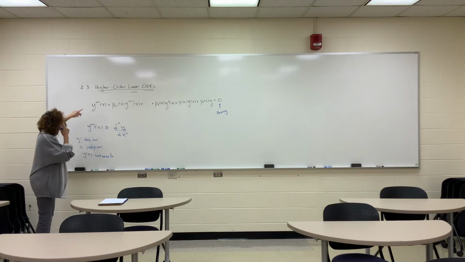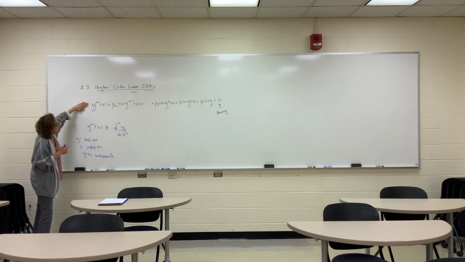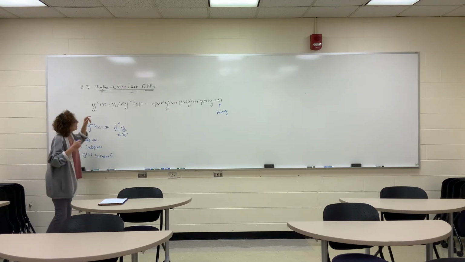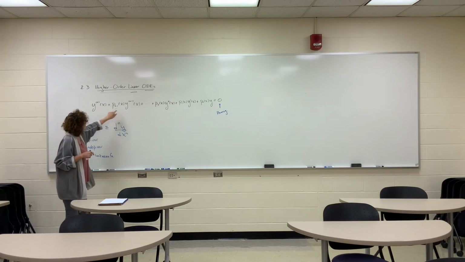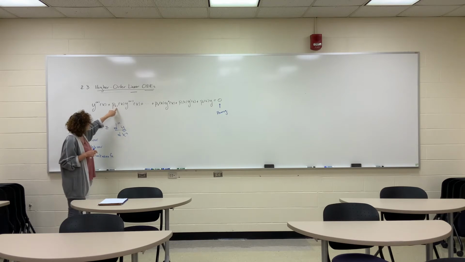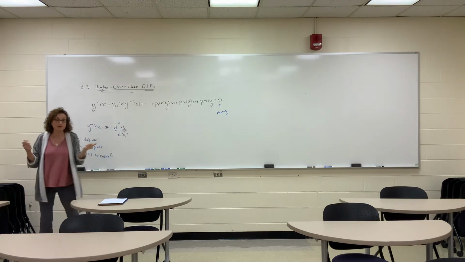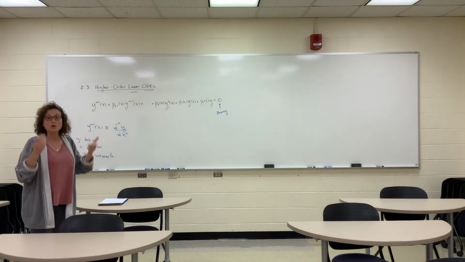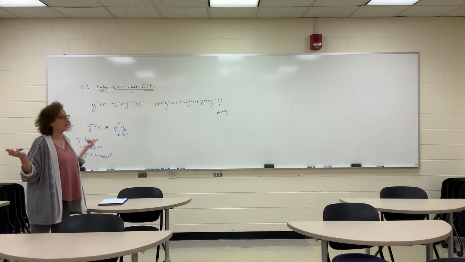We could have had this multiplied by some pn of x. The numbering system is going to be different in different books; I'm using the numbering system where the subscript on the coefficient function matches the derivative order. We've been doing constant coefficients, but now we're going to generalize not only the order, but also the theory for non-constant coefficient ODEs.